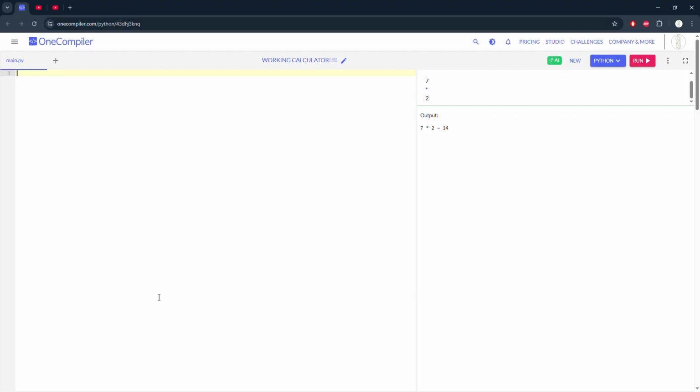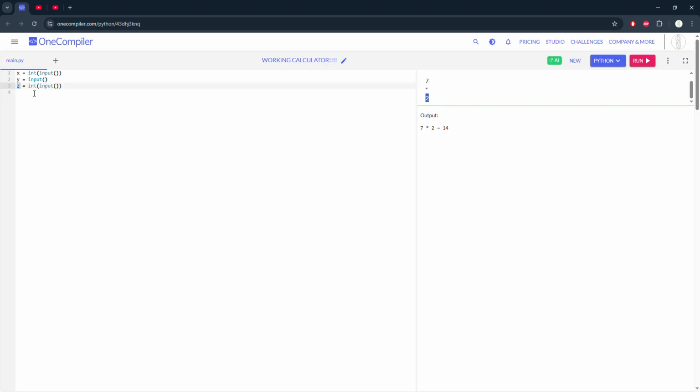So, we are going to have inputs. I saved this program up. We are going to have 3 inputs: X, which is the first number, Y, which is the second number, and Z, which is the third number.